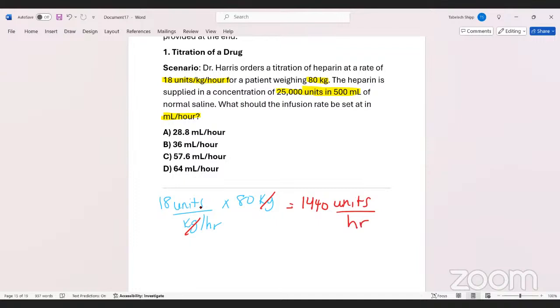And then over here, you had the 25,000 units in 500 milliliters. So what should you do? You're going to take that 1,440 units per hour, and you're going to divide that by the 25,000 units per 500 milliliters.